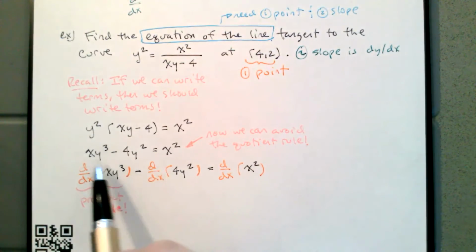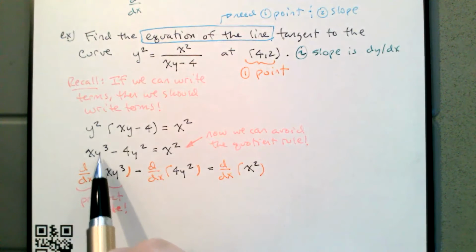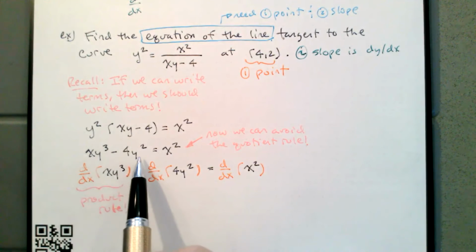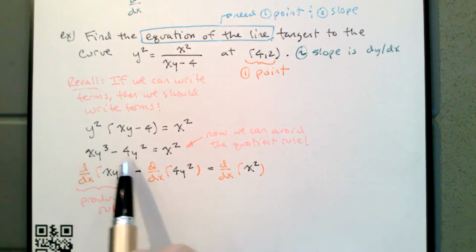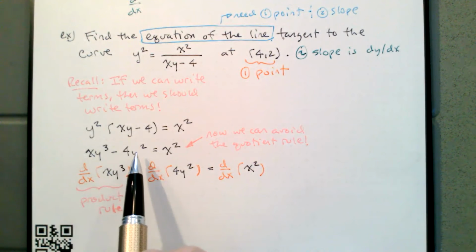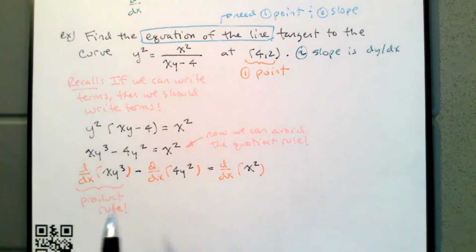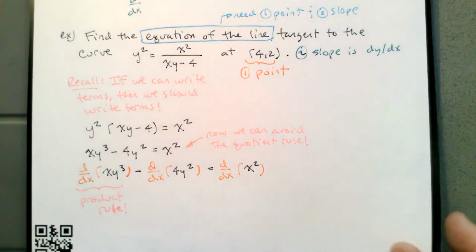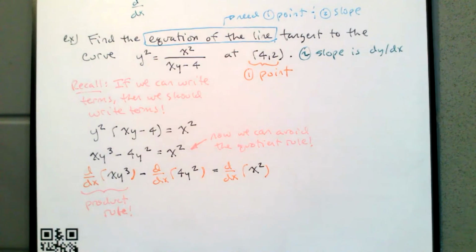We'd have to figure out some way to solve this cubic, y cubed minus xy cubed minus 4y squared. We would be kind of stuck in trying to solve this for y. So implicit differentiation was called for in this example. Any questions?